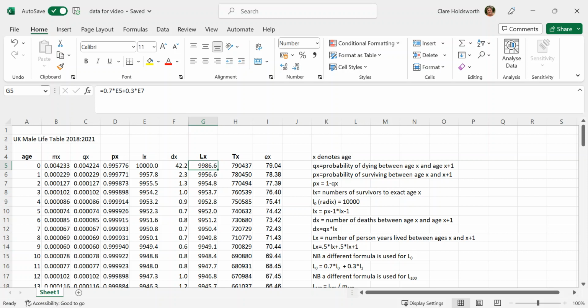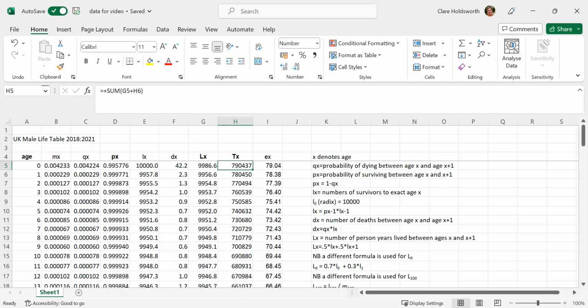And if you do explore and you do end up working with life tables, you find that there's lots of different assumptions that can be used. But in this particular example, I've assumed that the 42.2 infants who die during the first year contribute a third of a year. So that's the big LX column.